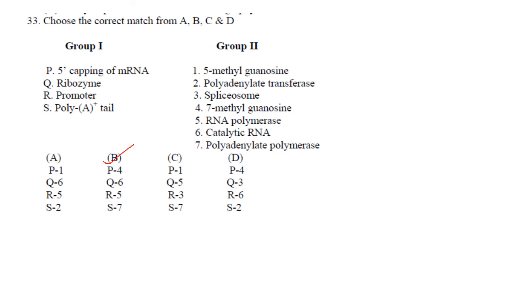So option A and C can be eliminated. Ribozyme is catalytic RNA, Q6. Promoter is, yes, RNA polymerase binds to the promoter, so R5. And poly A plus tail is polyadenylate polymerase, that is 7. So answer will be B.